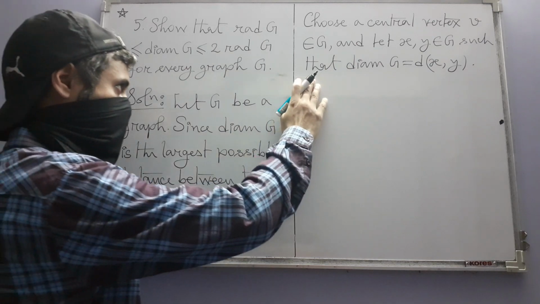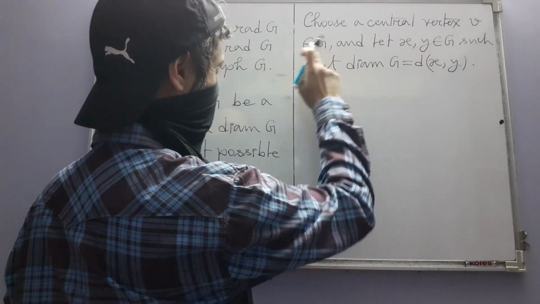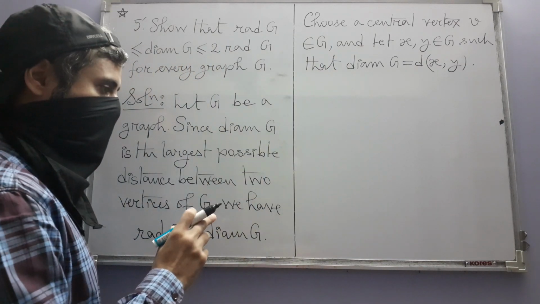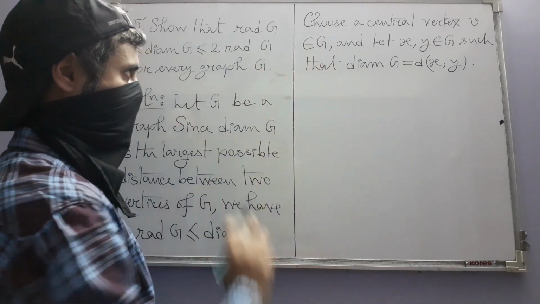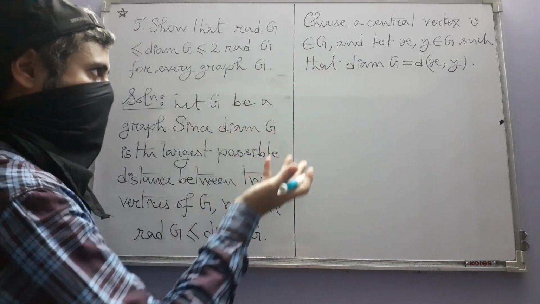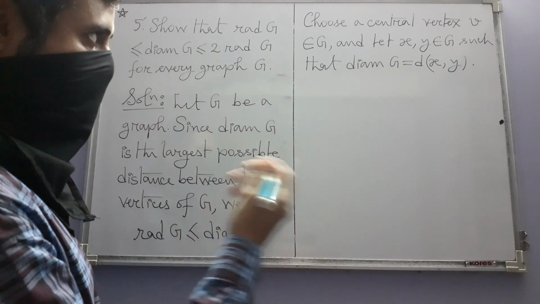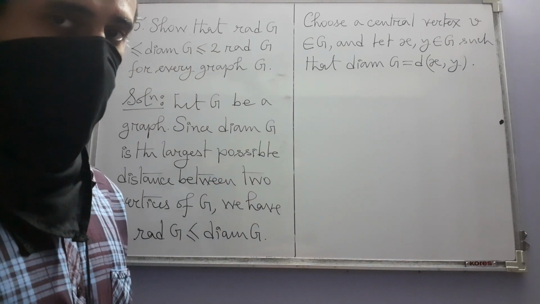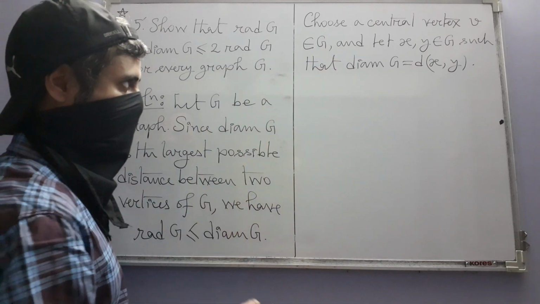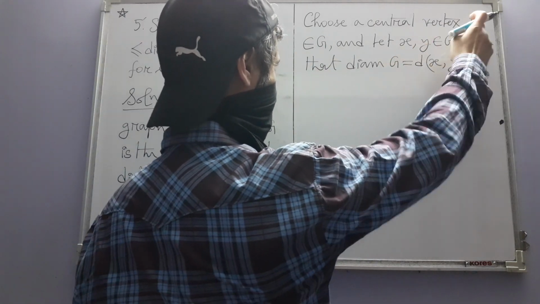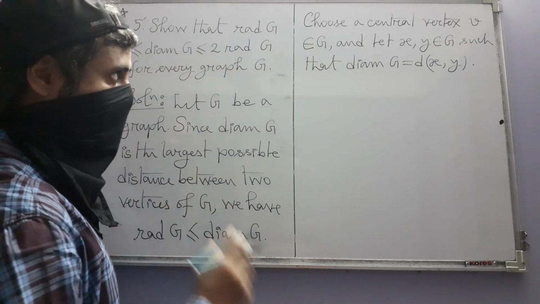Now, you may of course want to write V belonging to not G but V of G. Precisely, that's what we should write, because V of G is the vertex set of G. But we have already agreed to somewhat relax the notation, and from the context it's understood that these objects X, Y and V are actually vertices.